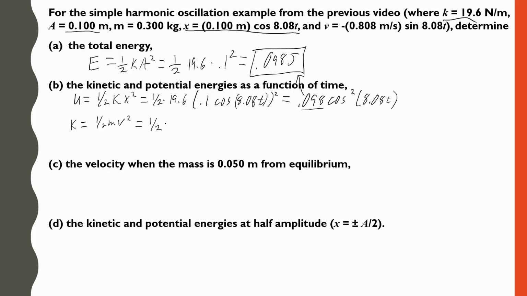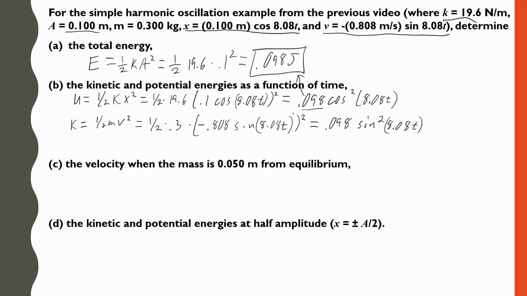We've got the mass of 0.3 kilograms, and v as a function of time was this guy here. So we've got negative 0.808 times sine 8.08 times t, this whole thing squared, which works out to be 0.098 sine squared of 8.08t.